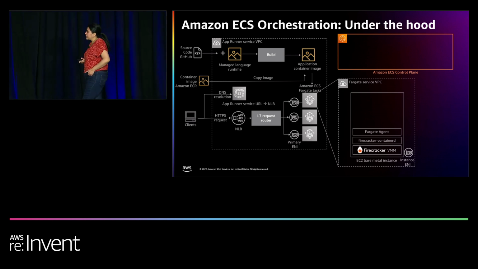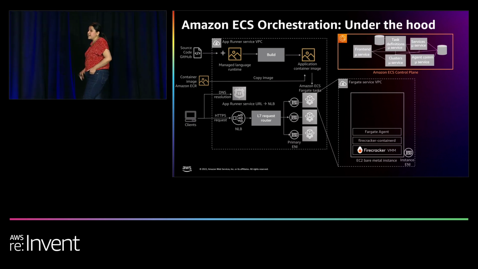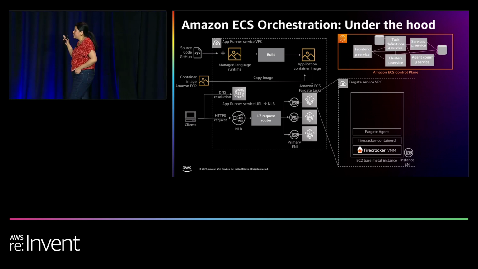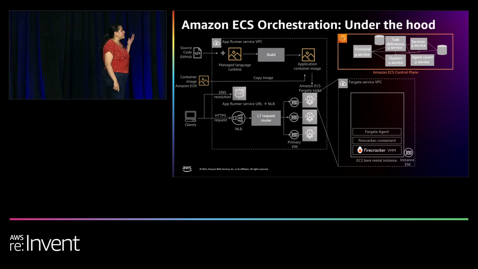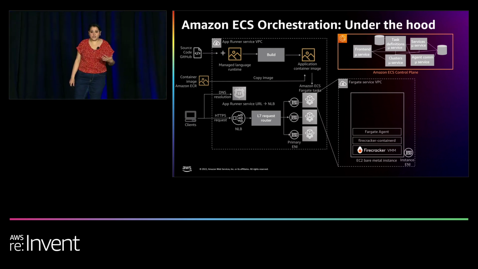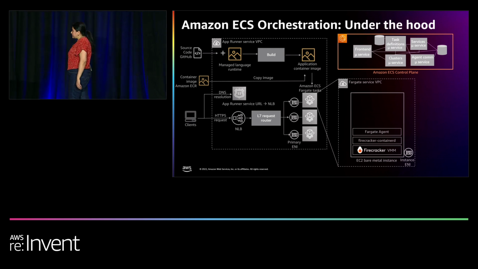The control plane itself is actually a pretty sophisticated mesh of multiple microservices, and I'm not going to go into a lot of detail on each service, but those of you who've used ECS might recognize some of the things there, like task definitions, clusters, services. These are all concepts in ECS, and we basically have a microservice that owns each concept in ECS.